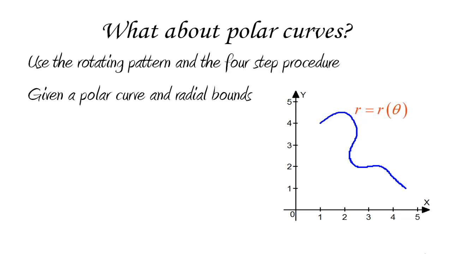So instead of setting the limits for the region going left to right, we're going to set them going radially. We first decide on an initial angle, say theta equals a, and then we rotate around this region together with the curve until we get to the final angle, theta equals b.